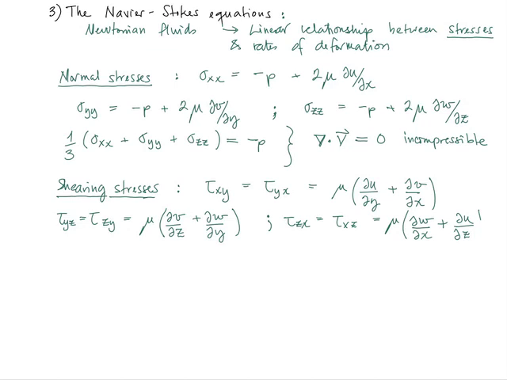So for example, if we consider the first term involving sigma xx in the momentum equation, when you put in d dx of sigma xx, you're going to have a first order derivative of the pressure and a second order derivative of the velocity. We assume that viscosity is constant.